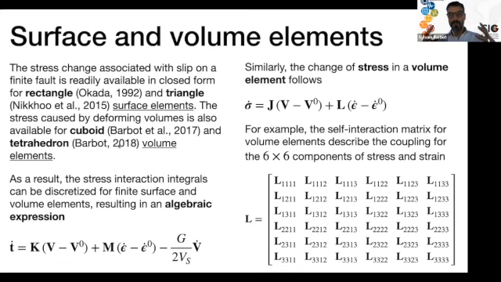And so in general, the stress interaction matrix for volume elements is this combination of large matrices describing the stress interaction from different components of stress to different components of strain in space. So it's a full matrix. It's a lot of calculations to obtain these matrices, but they can be computed once and for all, and then used and recycled in a single simulation to perform time stepping, and only simple matrix vector multiplications are needed to time forward in the simulations.